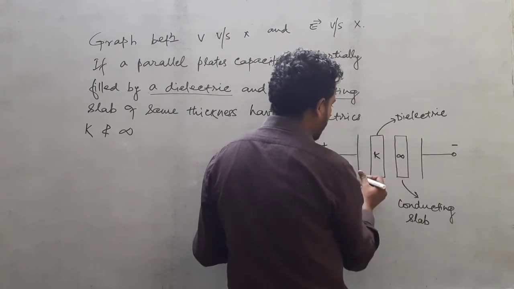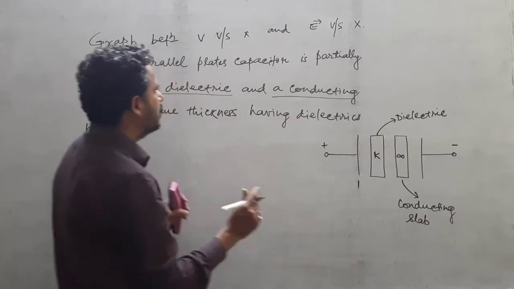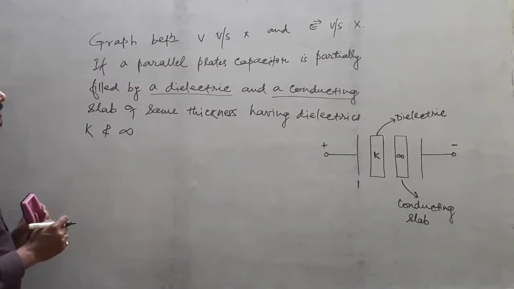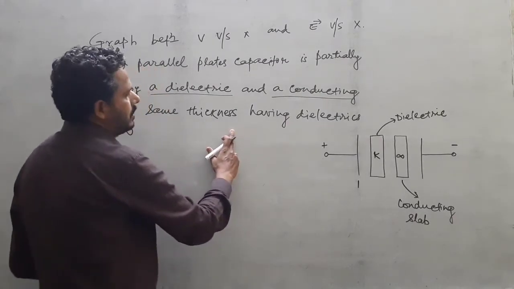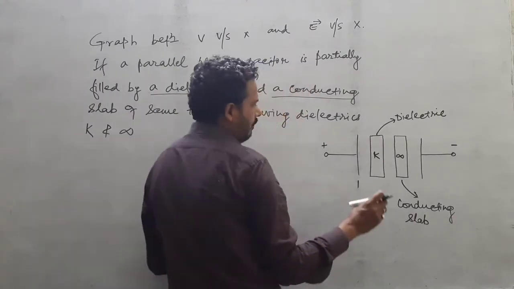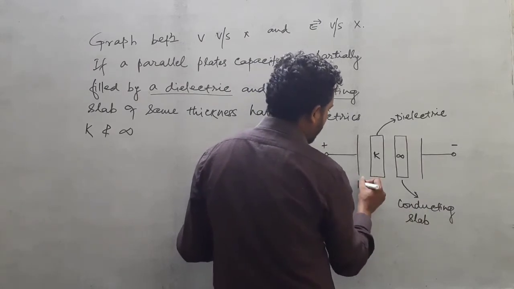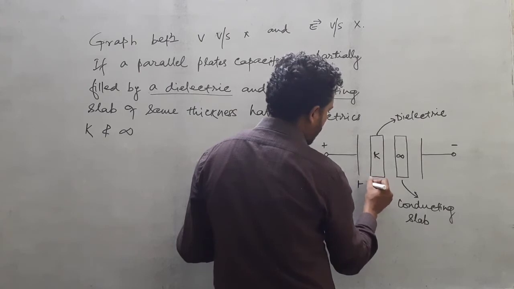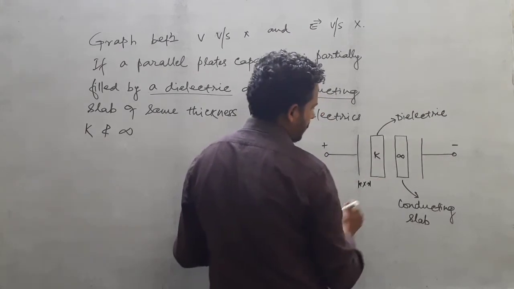Now here we will talk about its thickness. Each separation has the same thickness. Let its thickness be x. So this one has x thickness, x thickness.